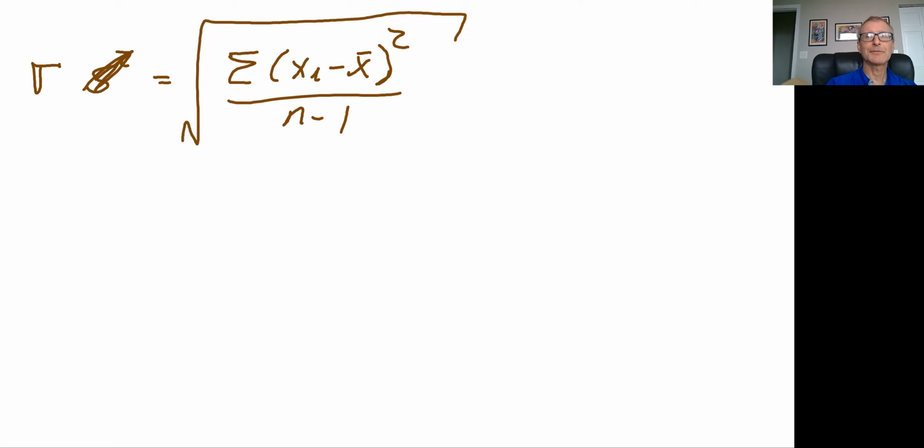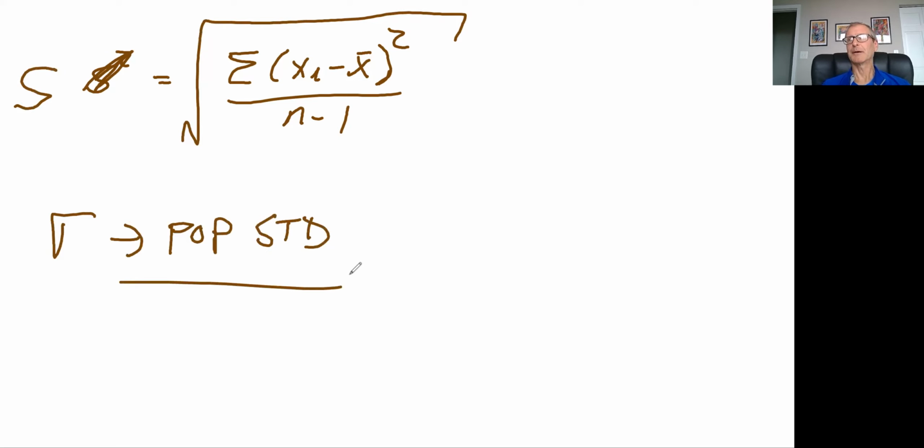So that's what we mean by a standard deviation. I think I used the wrong letter here. In the book, this is the sample standard deviation, which is S, and this other one implies population standard deviation.